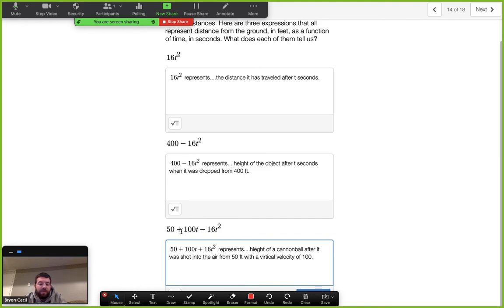We know that was the vertical velocity. If I'm at 0, I'm at 50 there, so that's my height. So I shot it into the air from 50 feet with a vertical velocity of 100, after t seconds from being launched.